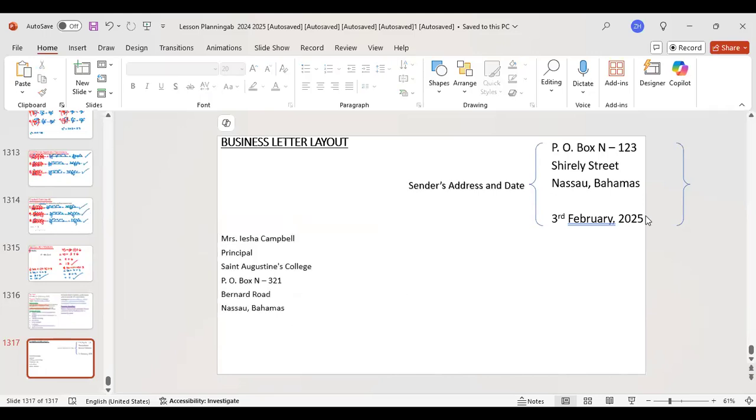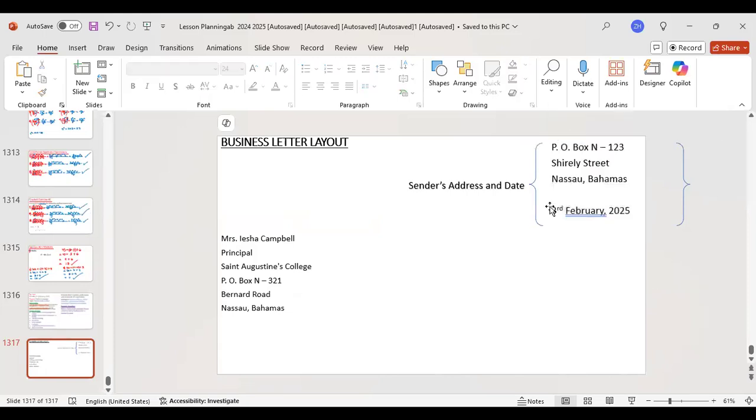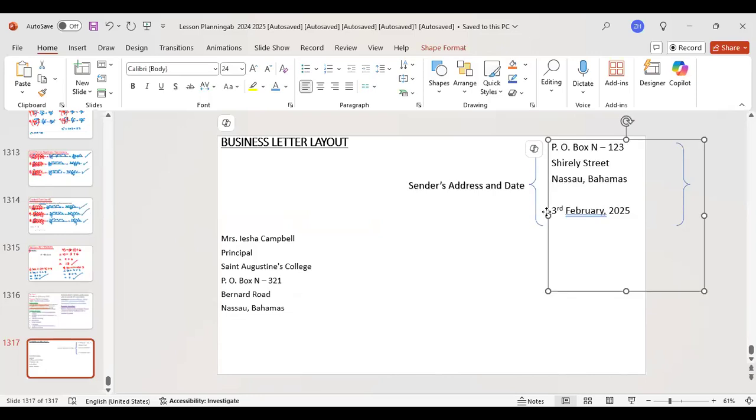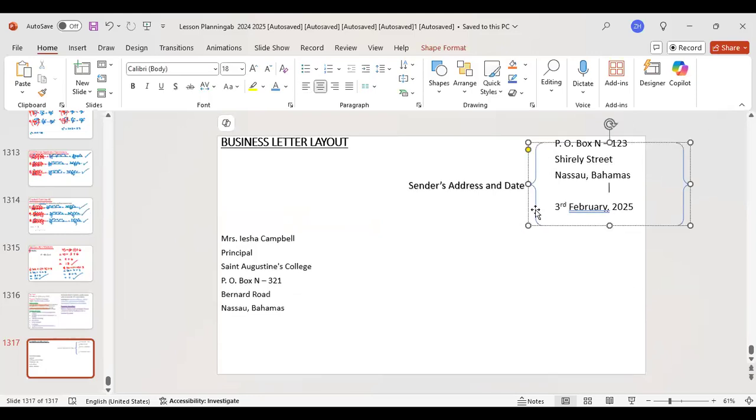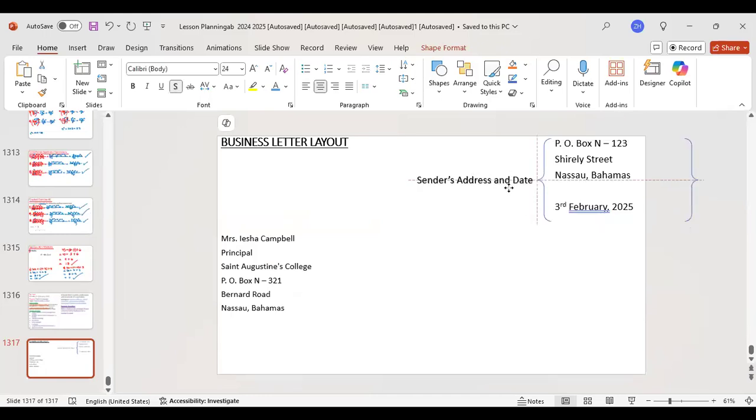Okay, let me make this smaller so I could have some more space. So this one is the sender's address and date. What would we call this? The recipient's information.